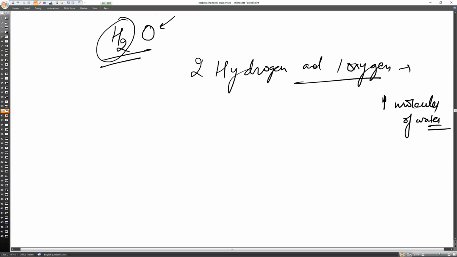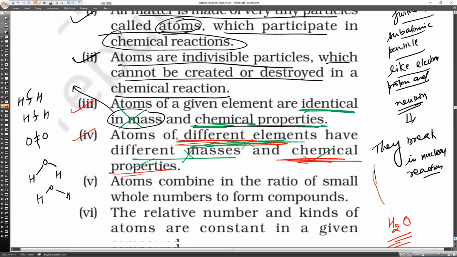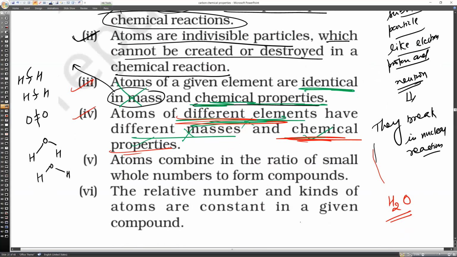No, they will always have the same. In fact, if water is found on the moon, outside the earth, it must have two hydrogen and one oxygen. So it is saying that the relative number and kinds of atoms in a given compound is fixed. Like in carbon dioxide, there must always be one carbon and two oxygen atoms.